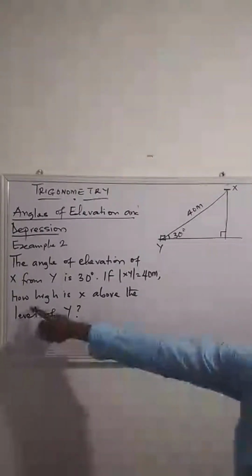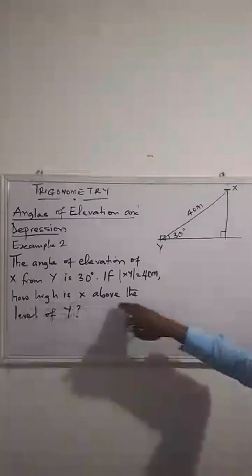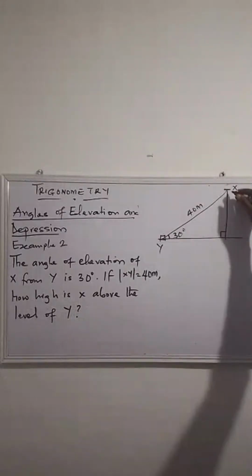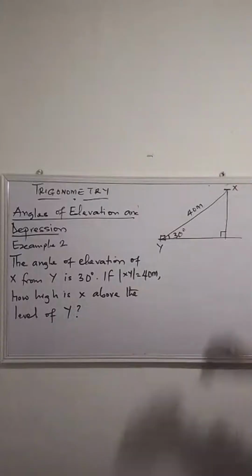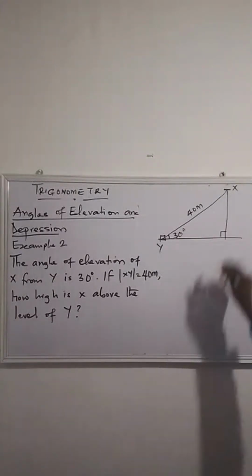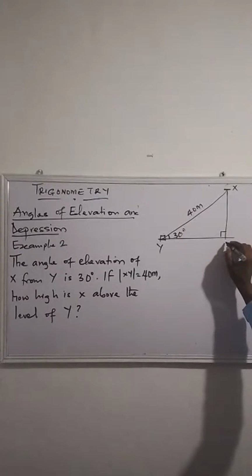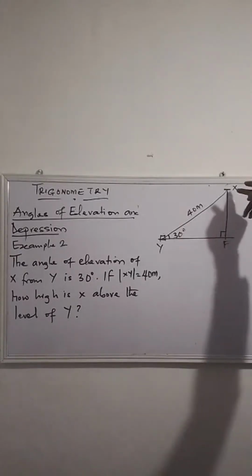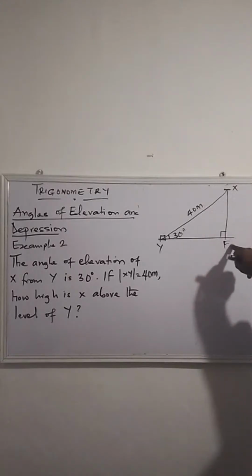Now the question is, how high is x above the level of y? We want to get the height of x. So let's call this place f. We want to get length xf.